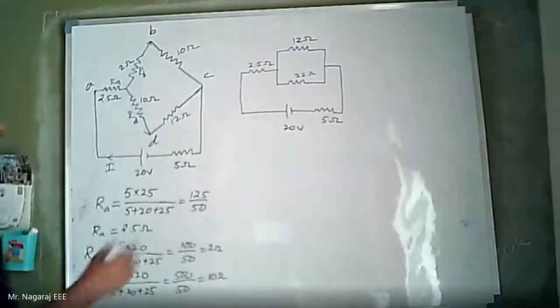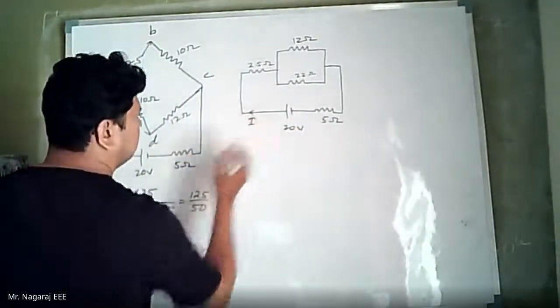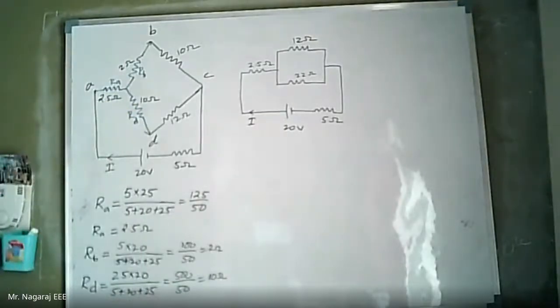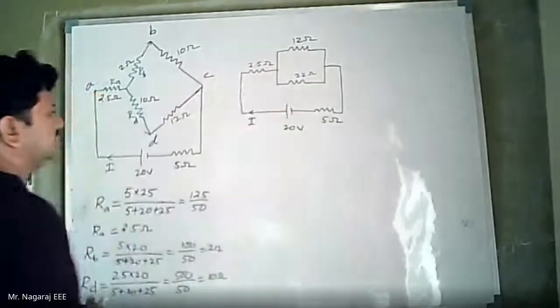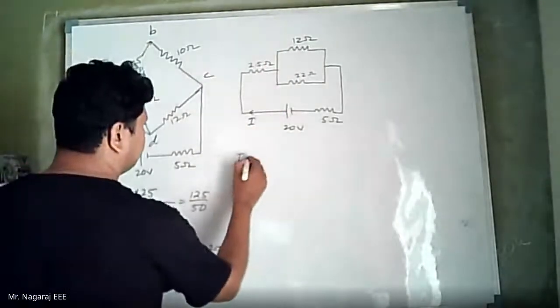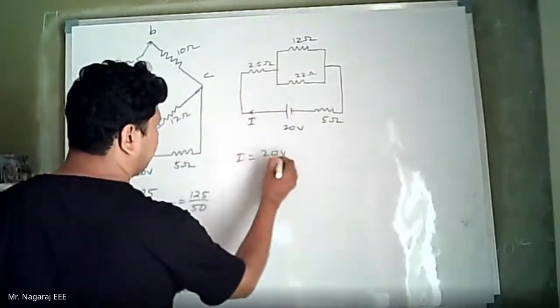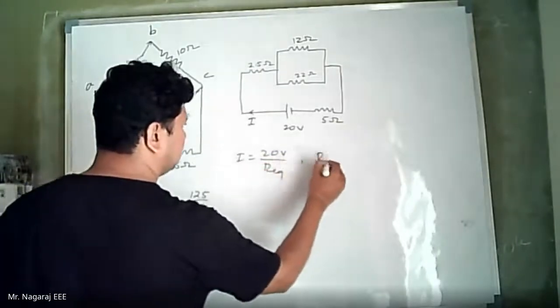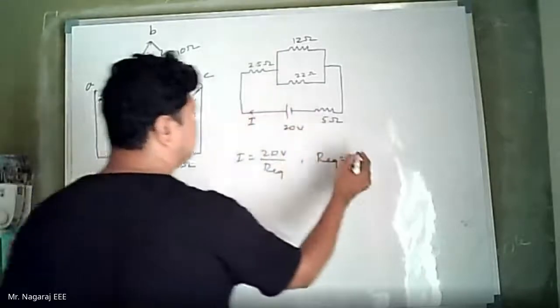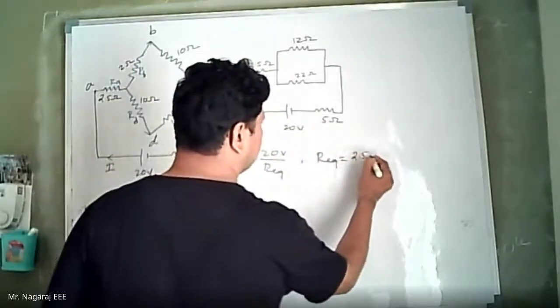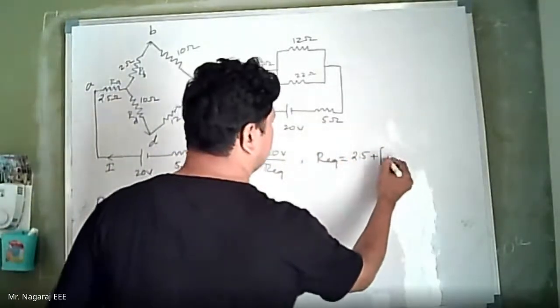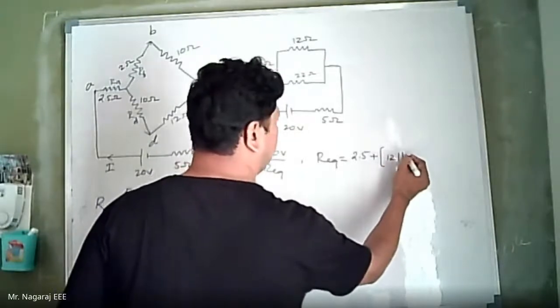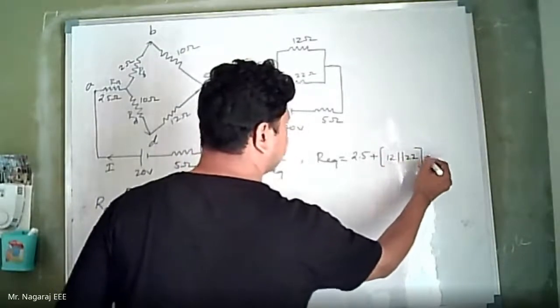Now I need to find the total current I. It is a simple series parallel combination. So I is equal to 20 volts divided by R equivalent. Now what is R equivalent? It is 2.5 ohms plus 12 in parallel with 22 ohms plus 5 ohms.